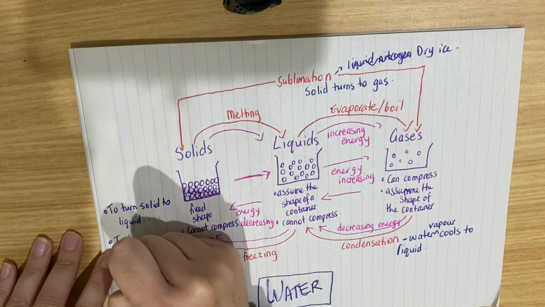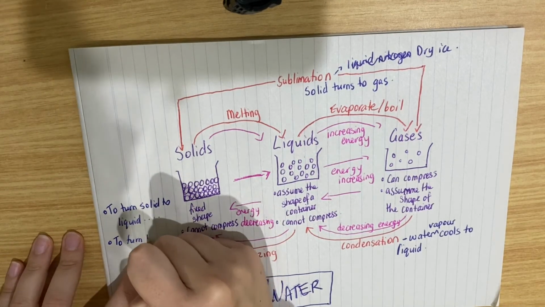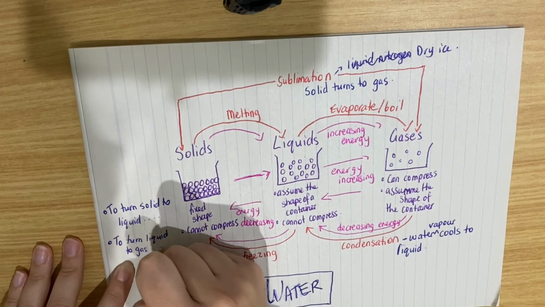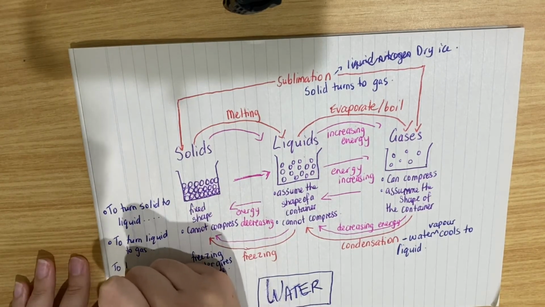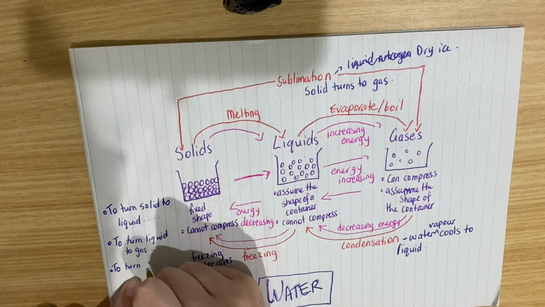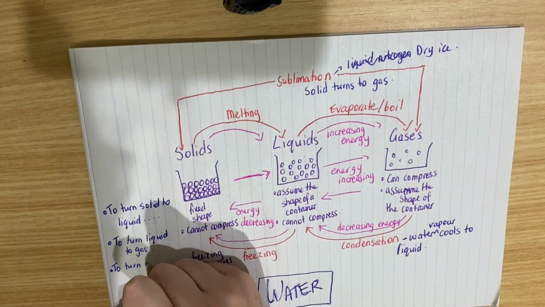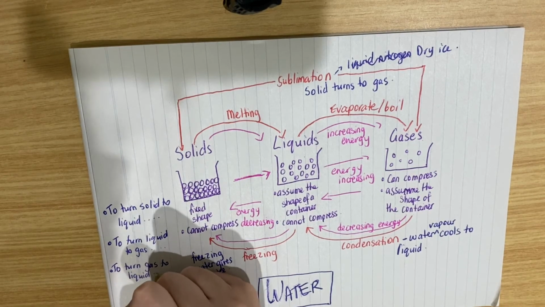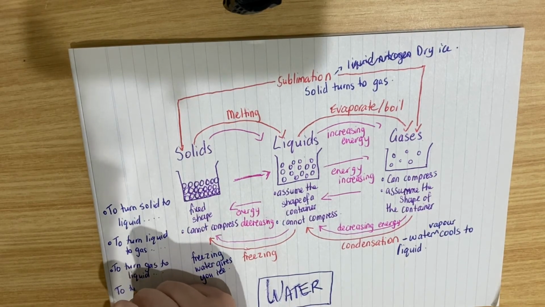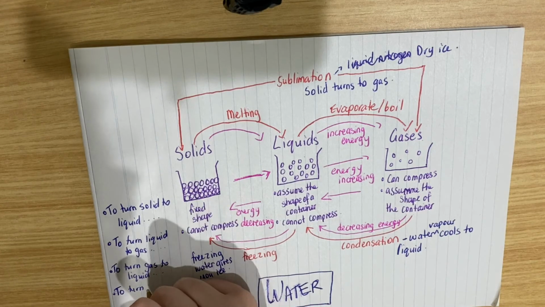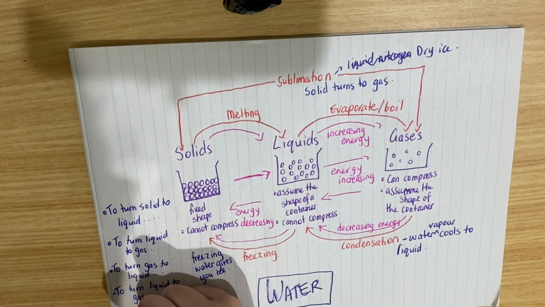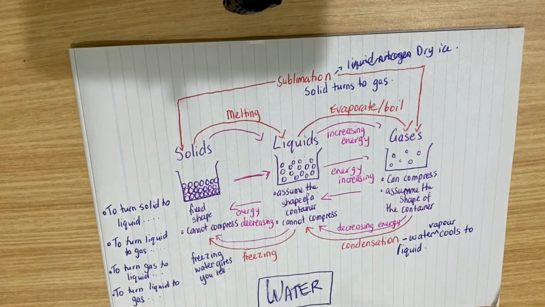To turn liquid to gas, dot, dot, dot. To turn gas to liquid, dot, dot, dot. Tell me what I have to do and give me some real life examples.